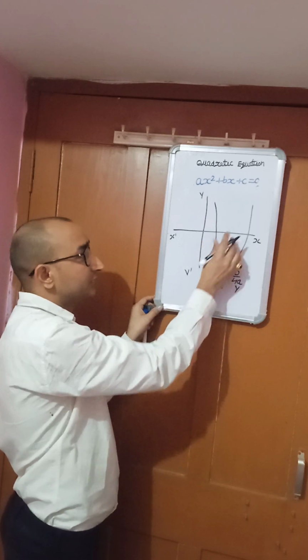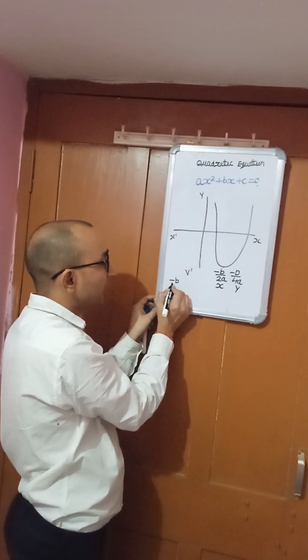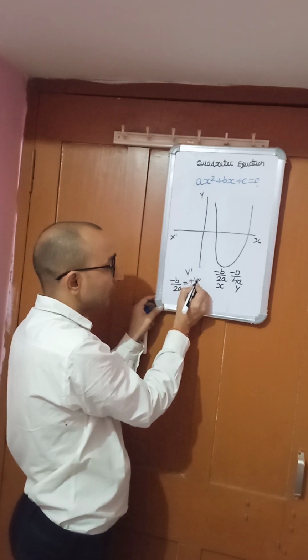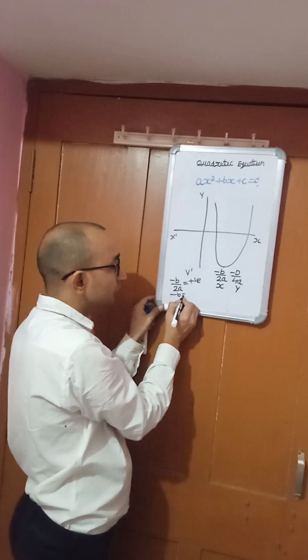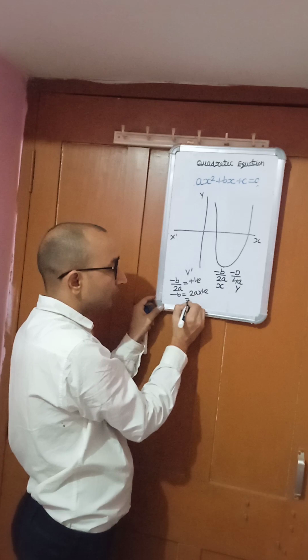Here the x coordinate is in the fourth quadrant, so x is positive. So write here minus b by 2a equals positive. Minus b equals 2a into positive, which is positive.